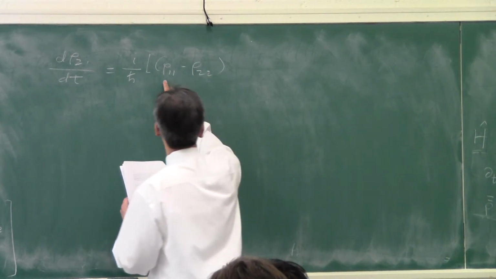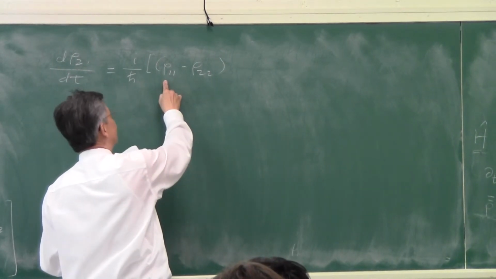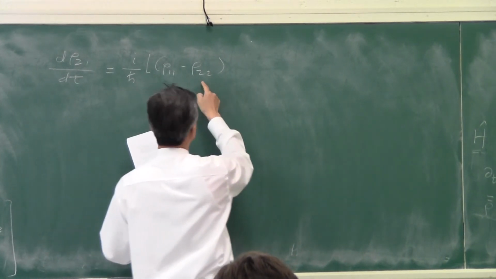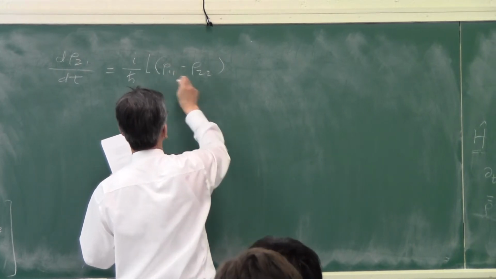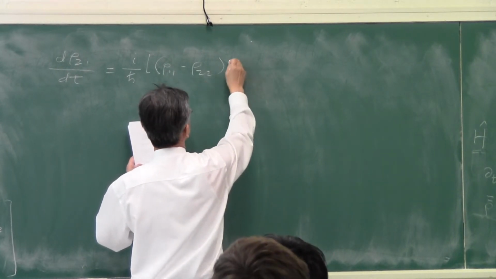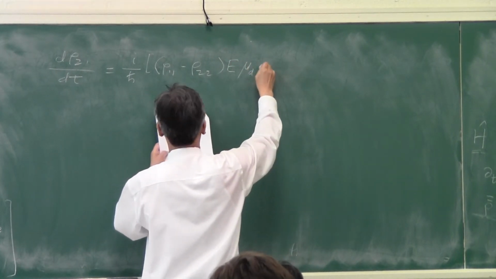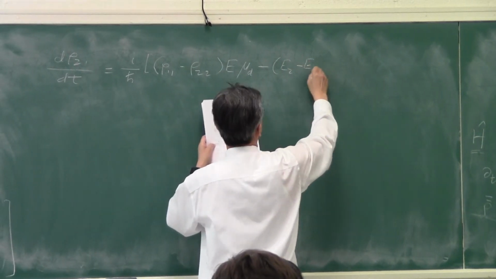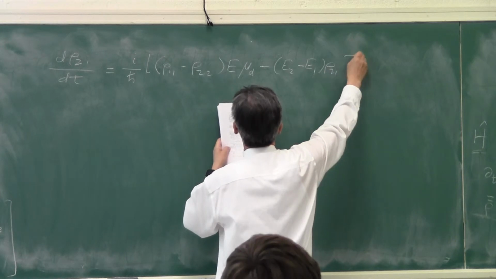How many atoms, how likely the atom is to be in level 1, how likely the atom is to be in level 2. So this is the probability density difference times the electric field, minus the coherence term, rho 2,1.